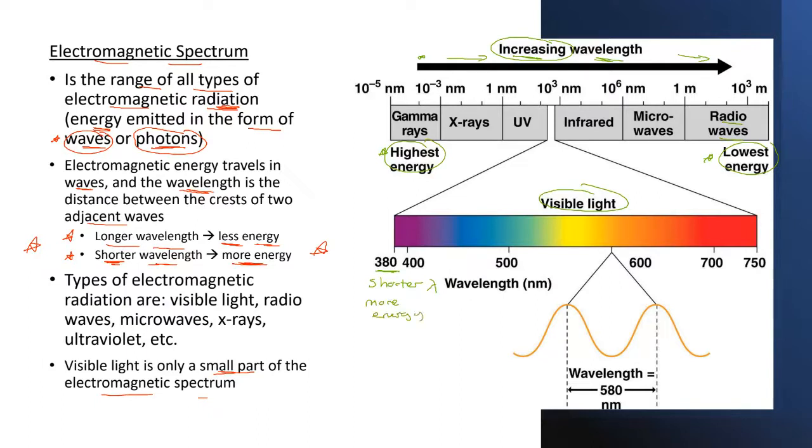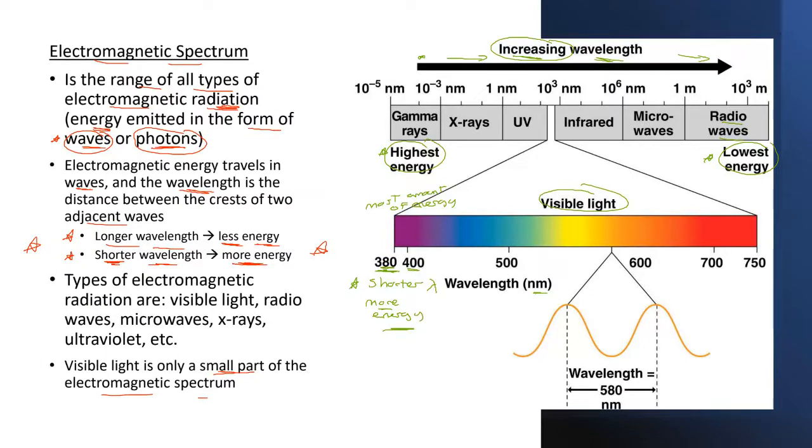Which means in visible light, purple light over here, around 380 to 400 nanometers, these wavelengths are in nanometers, purple and bluish light has the most amount of energy. Why? Because they have the shorter wavelengths.